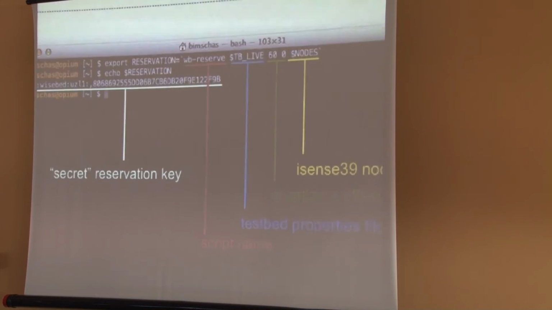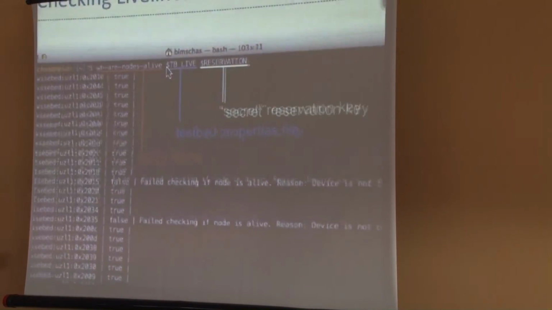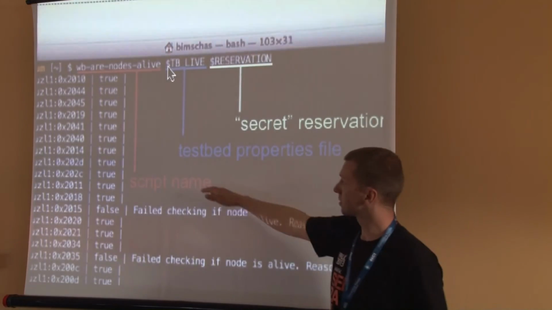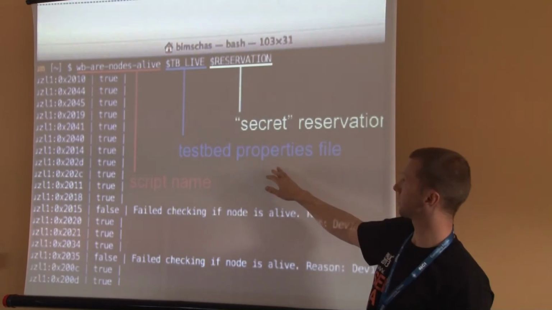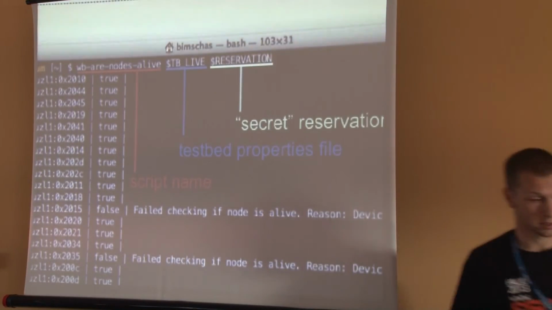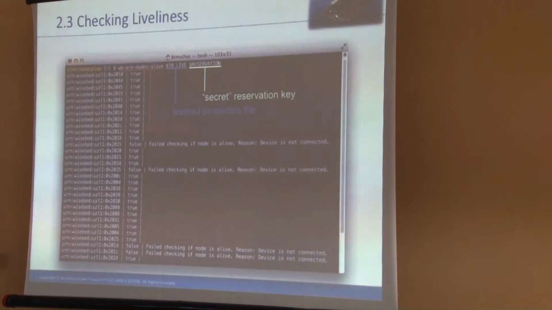And then for basically all the subsequent steps that need a reservation, you will always again call the script, pass the properties file, pass the reservation key, and then you will get some kind of output. In this case, true if the node is alive, false if it's not, and the corresponding node URN.